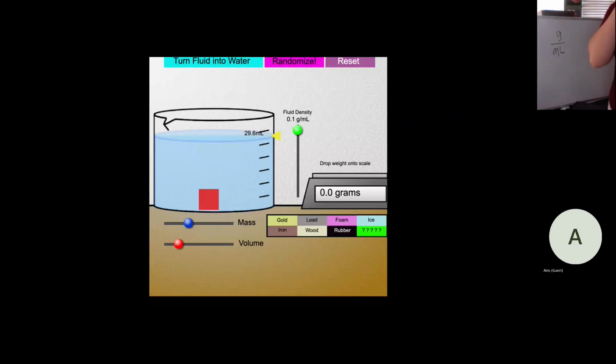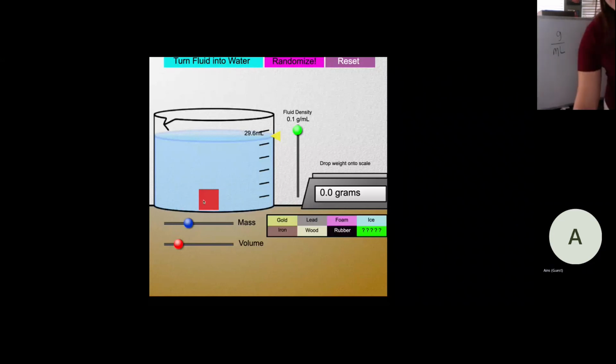So density is a ratio, or a comparison, of mass to volume. If I want to find the density of a substance, I've got to know that substance's mass and its volume. So density is what we call a derived quantity, because it's a comparison of two or more individual measurements or individual units.